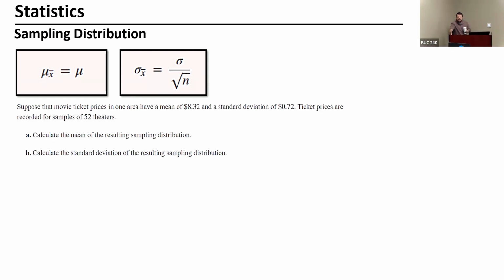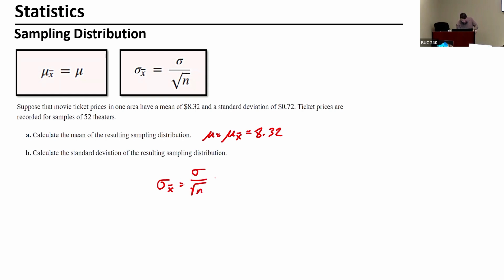Hey, what's my mean? $8.32. Yeah, hard math on that one, huh? $8.32. But now give me a standard deviation. So my mean here, which is the mean of the X bar, is going to be the 8.32. Mean of X bar. What's my standard deviation they gave me? Cents.